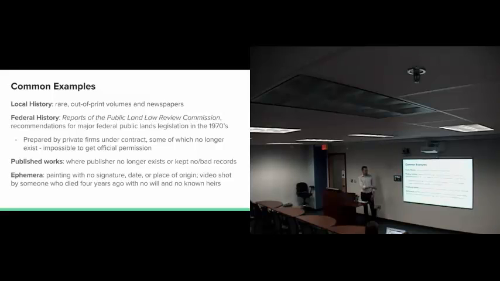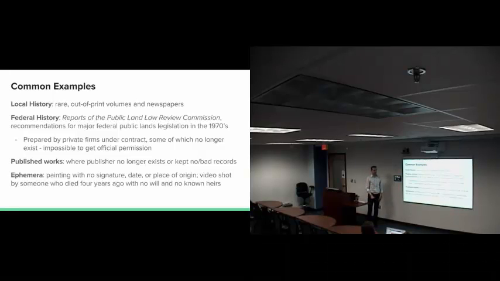For published works, we've talked about publishers going out of business and so on, and that creates problems. Ephemera, Kelly, you were just mentioning, are some of the most common examples of orphan works, especially in archival collections. Like a photograph in an archive with nothing on the back in terms of the date, who took the picture, or where it was taken. And obviously you can't see the photographer because they're behind the camera.